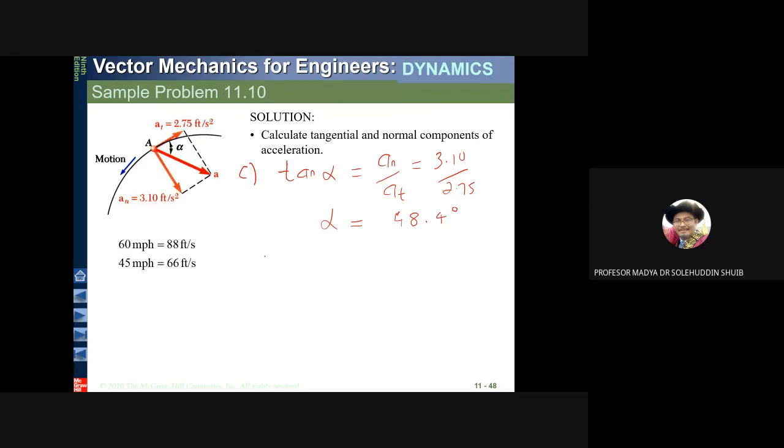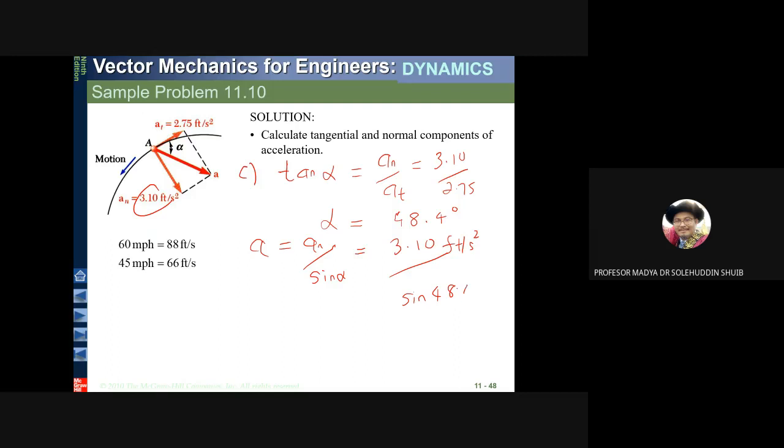And then we want to find the acceleration, equal to a_n divided by sine alpha. What is a_n? a_n is 3.10 feet per second square, divided by sine 48.4.